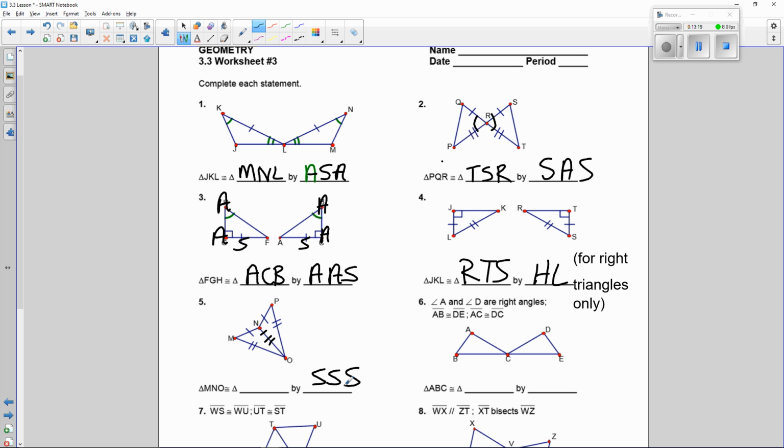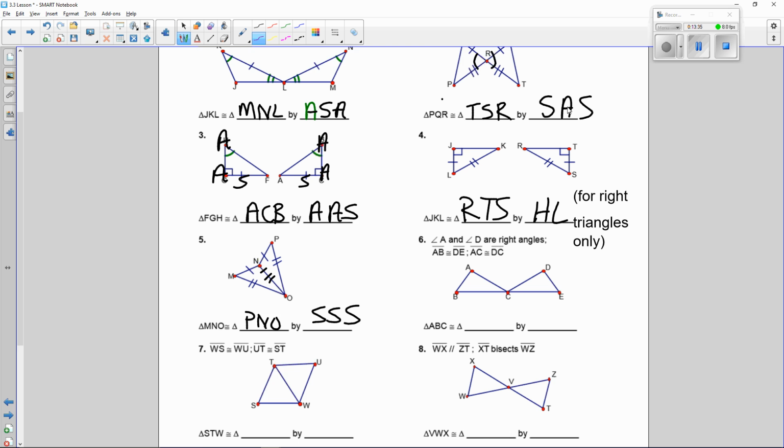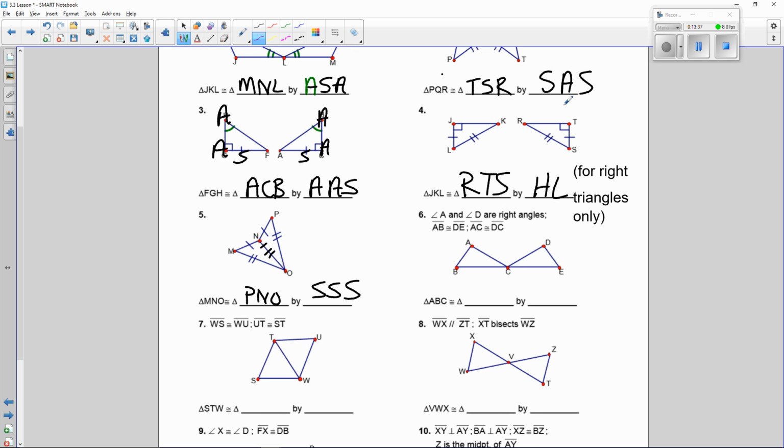All right, so here's the answers to the first 5. All right, so number 6, they give you some information to fill in. First, they tell you angle A and D are right angles. So right off the bat, you've got one congruent angle.